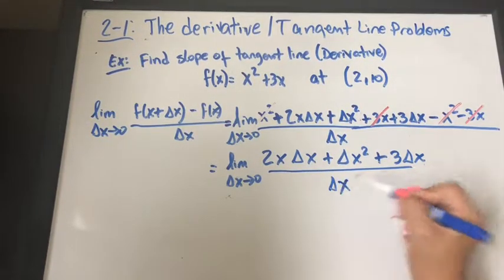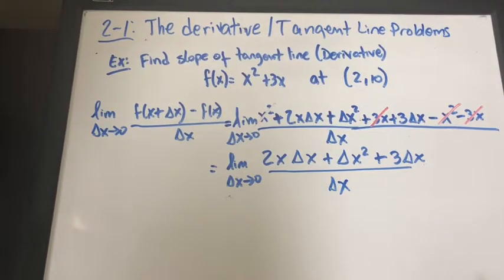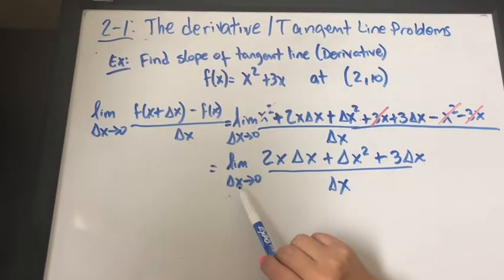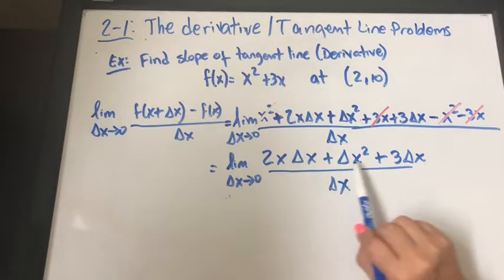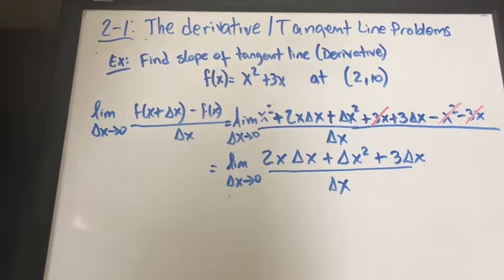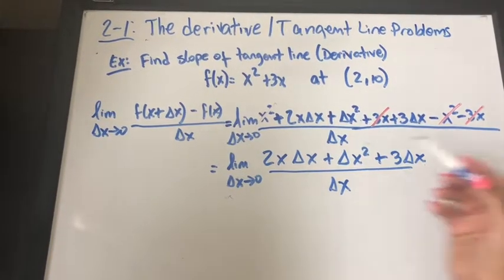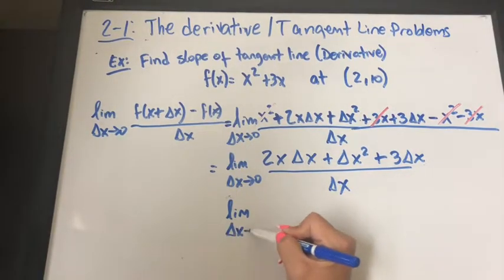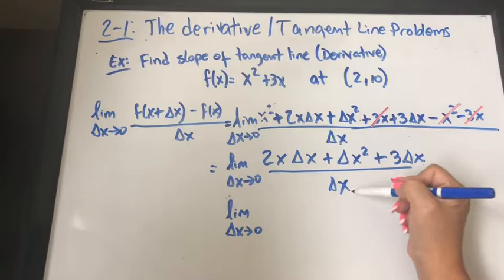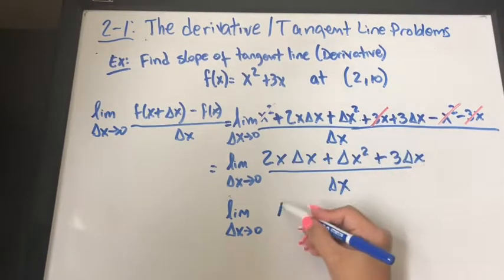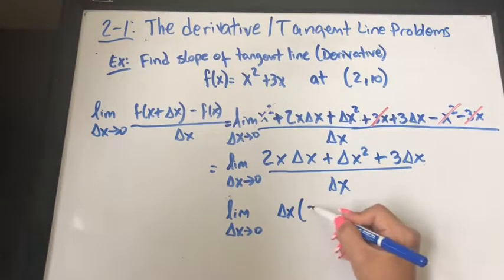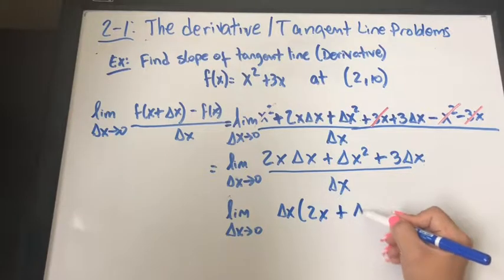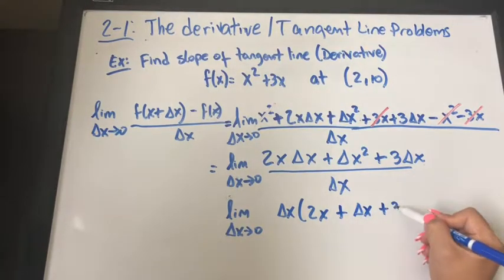Now, as you know, with examples that we just had on our test and prior, to take the limit, you simply plug in the 0, and you're going to get 0 over 0, indeterminate form. So I've got to use my algebra. One way to solve this would be to take out a delta x from both. Here the denominator is already factored, but on top, I can take a delta x from every single term, so I would have 2x plus delta x plus 3.